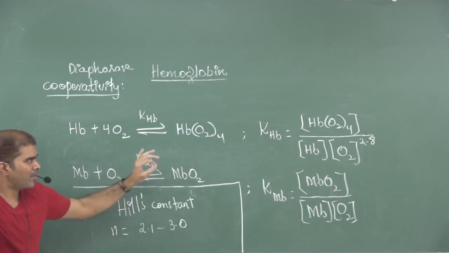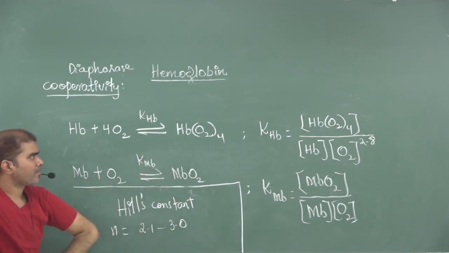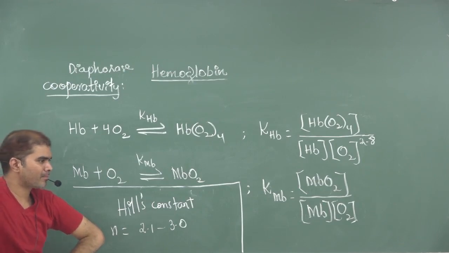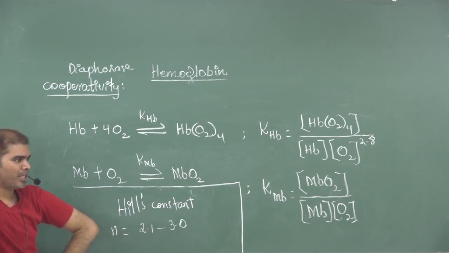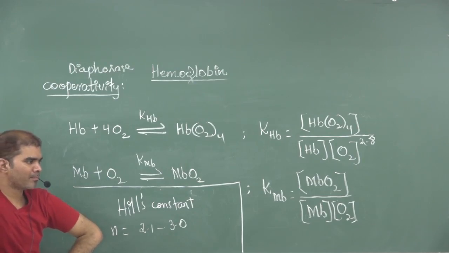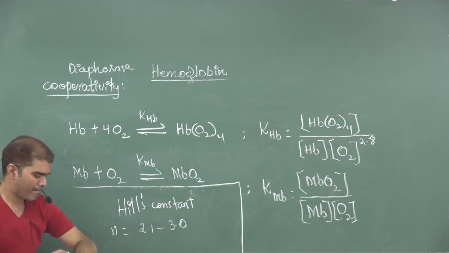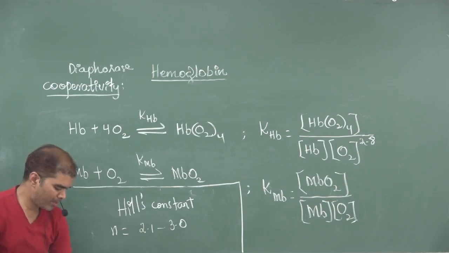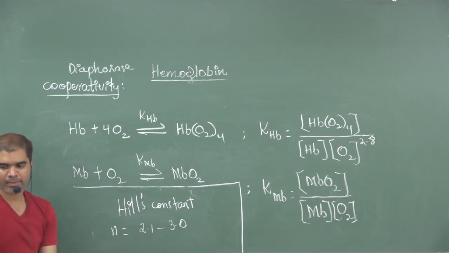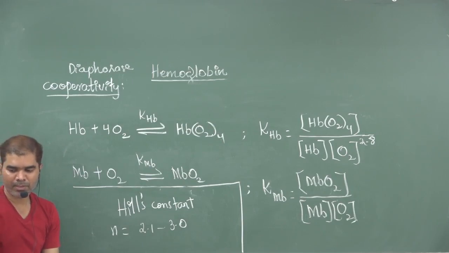Okay? So just write down a point now. Final point. In dioxygen binding, though there are 4 binding sites in hemoglobin, all the binding sites are not occupied at a time.